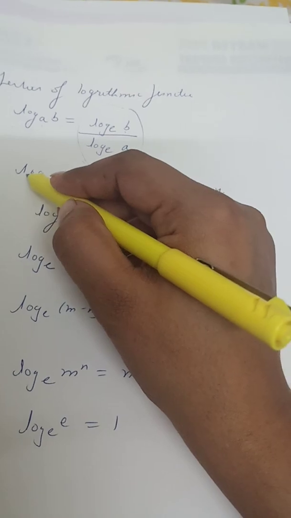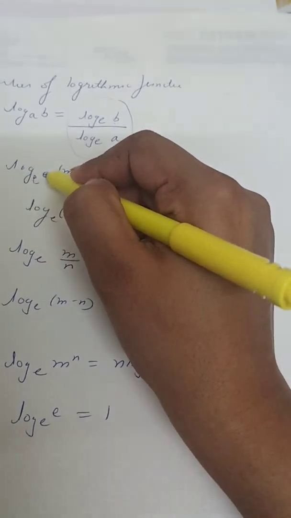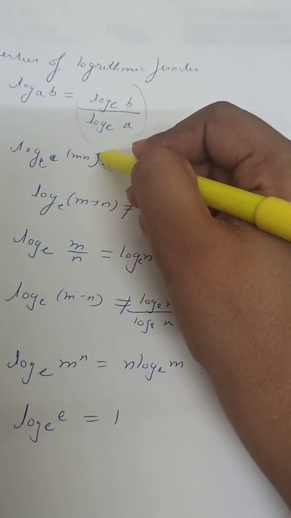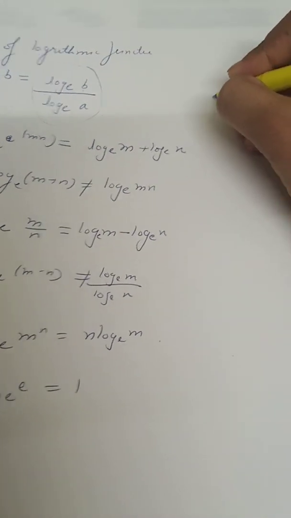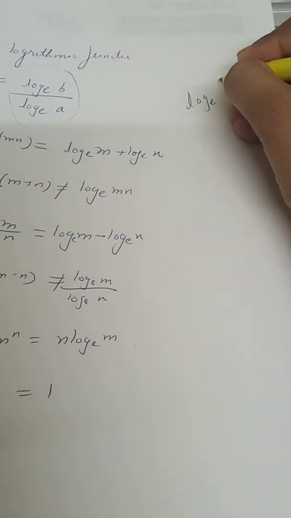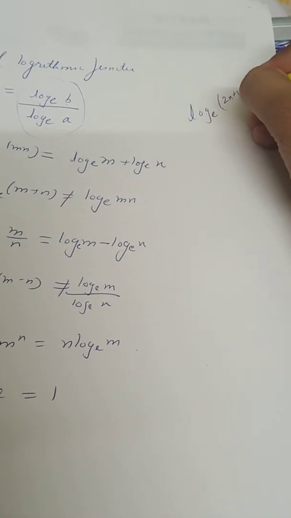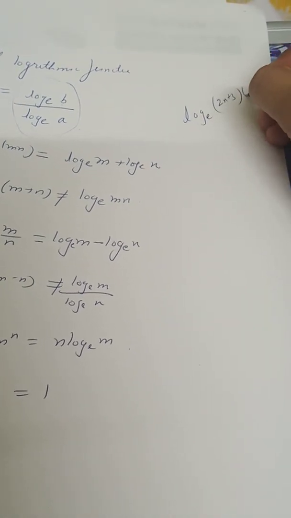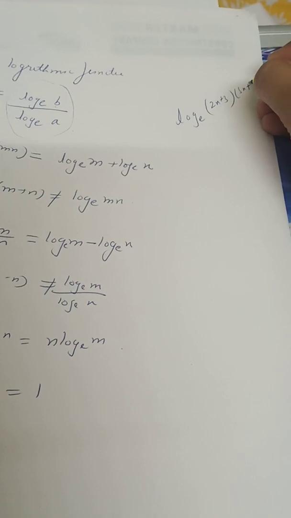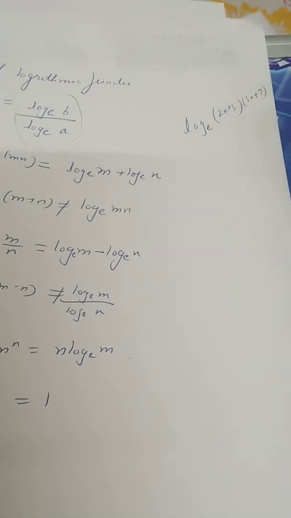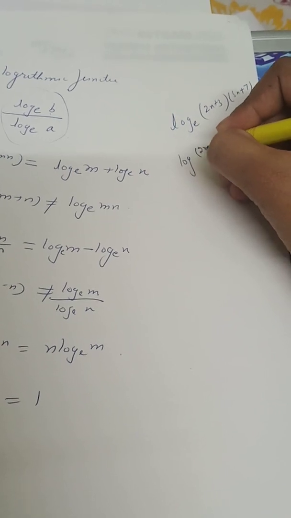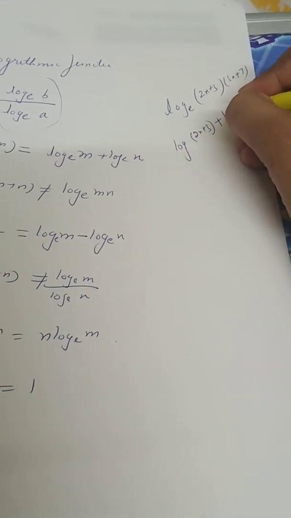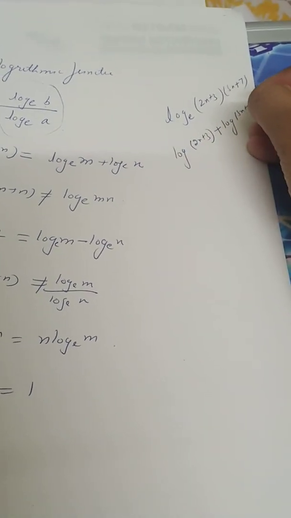Similarly, if log base e is given with a product mn, suppose log e of (2x plus 3)(5x plus 7), then we can write it as log (2x plus 3) plus log (5x plus 7).